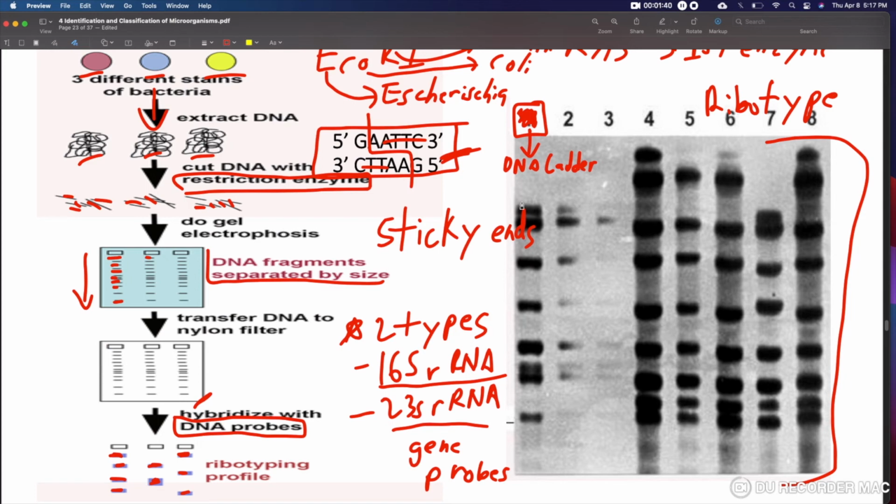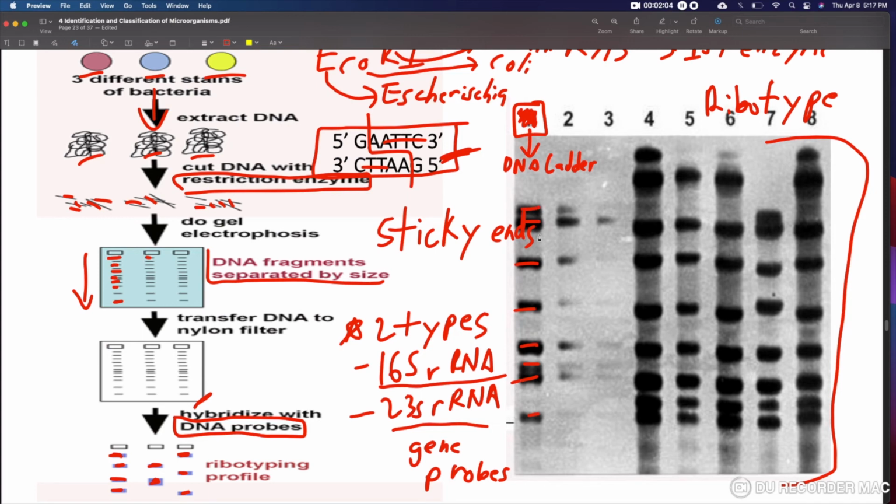This DNA ladder is a DNA that has specific banding patterns that reflect different sizes of DNA. So your DNA ladder will tell you that the first band is a certain size in kilodaltons, and so forth. So that's your DNA ladder, the first well usually.